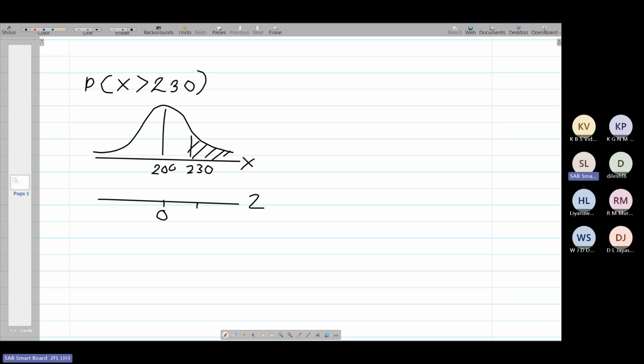Then you need to find the value of this. How do we convert it? 230 minus the mean value 200, then the value is 30, divided by 20. What is the Z value? 1.5.